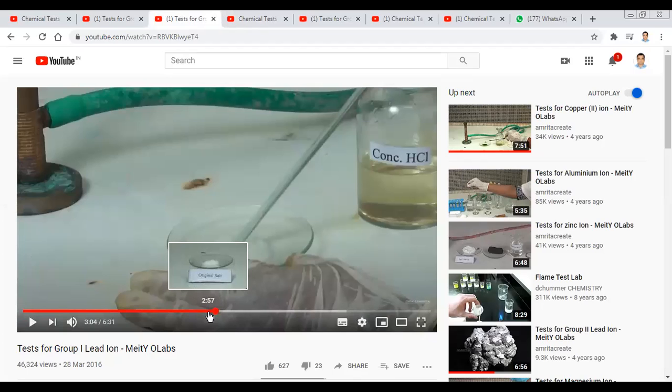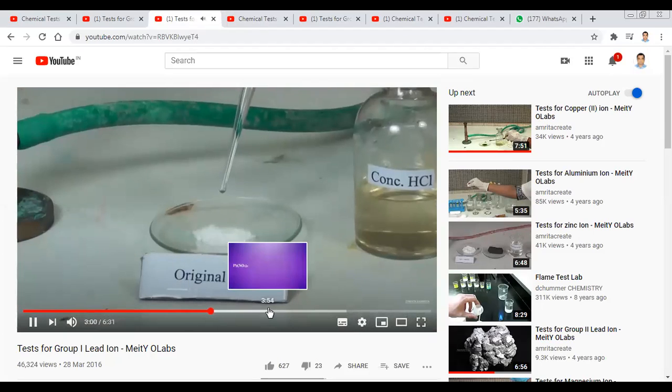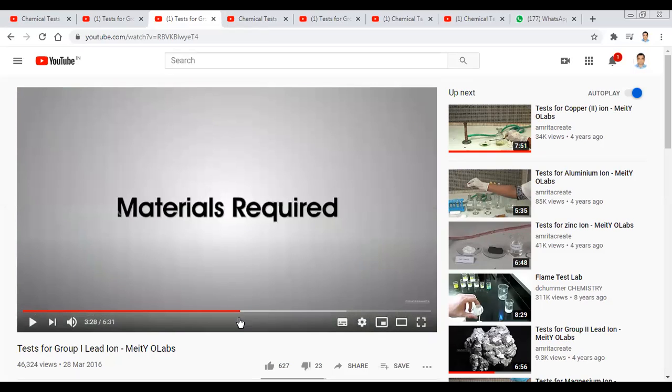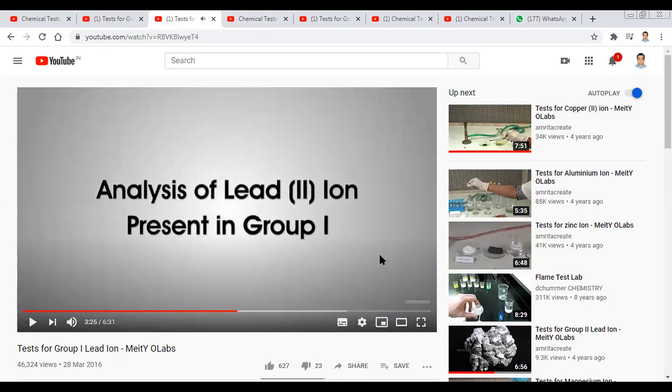Let us understand the group analysis. Now we are going to perform the group analysis test. So let us pay attention to the group analysis.